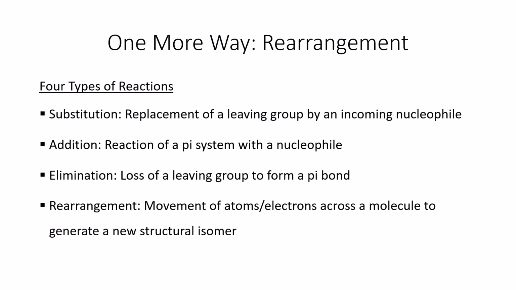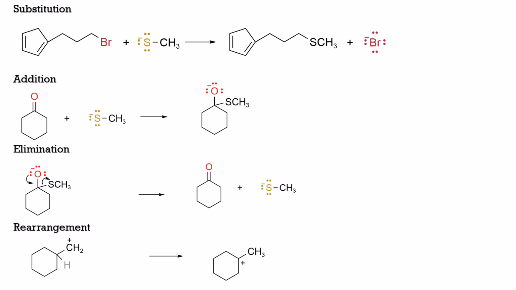Addition is when you react a pi system with a nucleophile and you end up breaking the pi bond. Rearrangement, we haven't talked about. We talked a little bit about it in class today. We're going to talk in more detail about it here. But that's the movement of atoms or electrons across a molecule to generate a new structural isomer. So let's get to that.